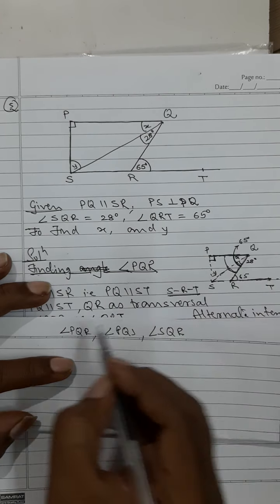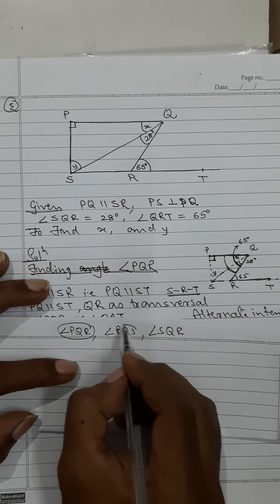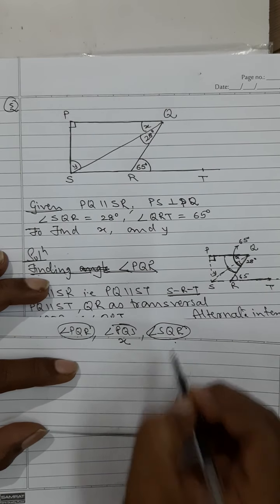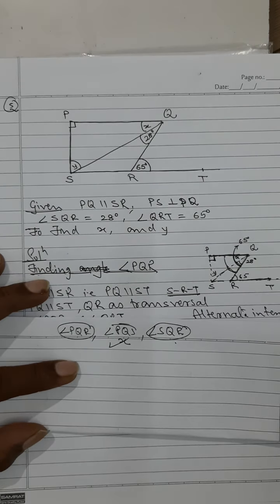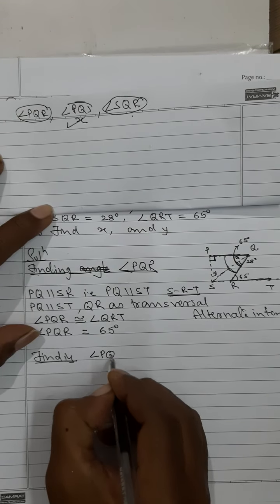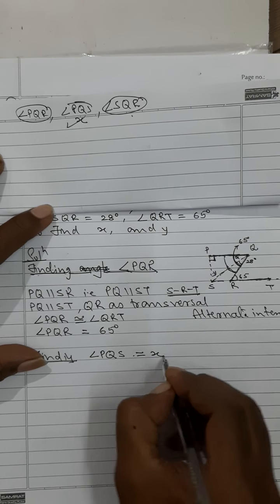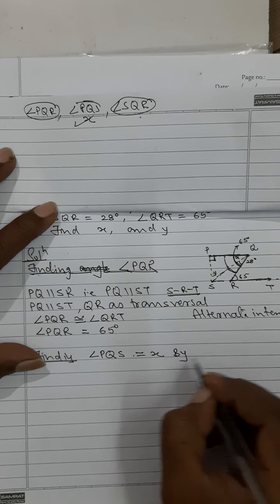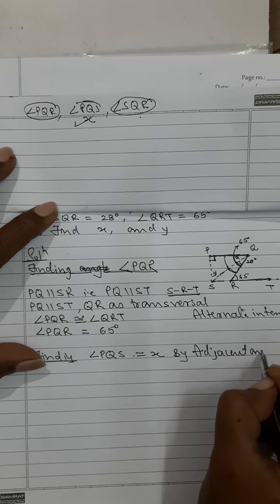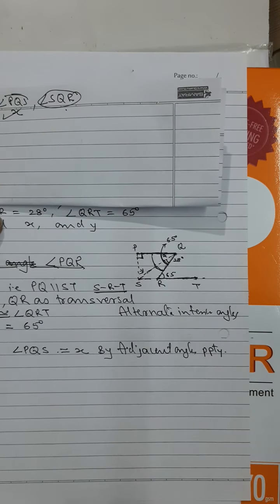And when we deal over here with these three angles, do we know angle PQR? Yes, angle PQR is equal to 65 degree. I know this. Do I know angle PQS? No, I don't know this. This is basically X. And angle SQR is given to me, 28 degrees. So I will be able to find angle PQS, that is X. So I can tell you over here, finding angle PQS equal to X by adjacent angles property.